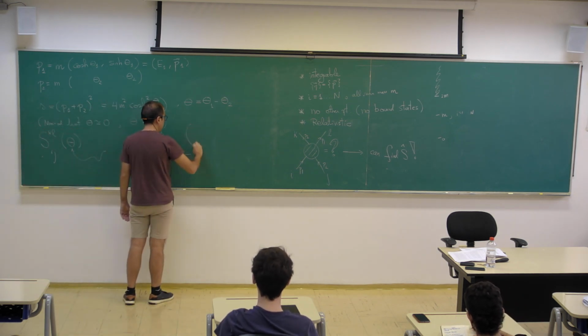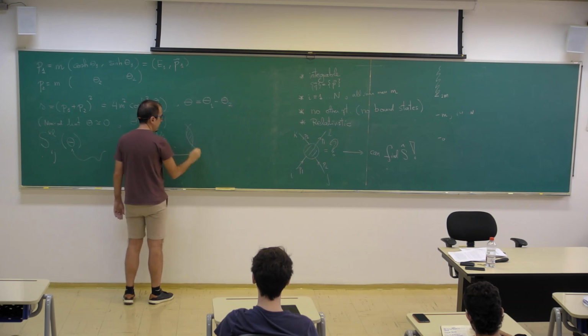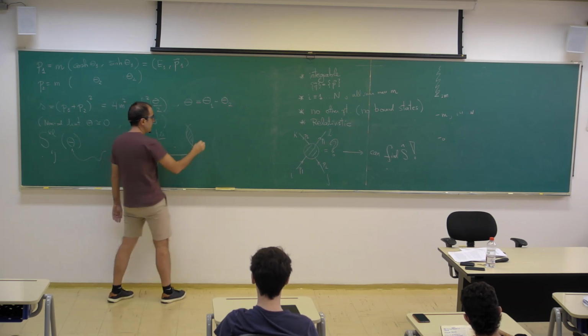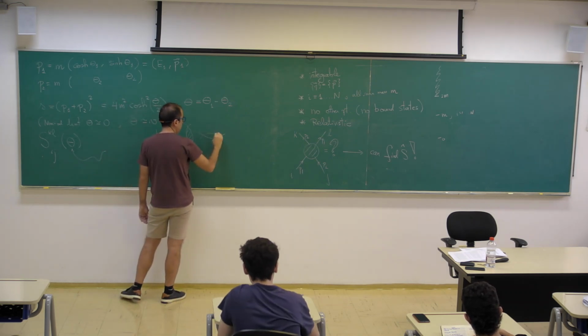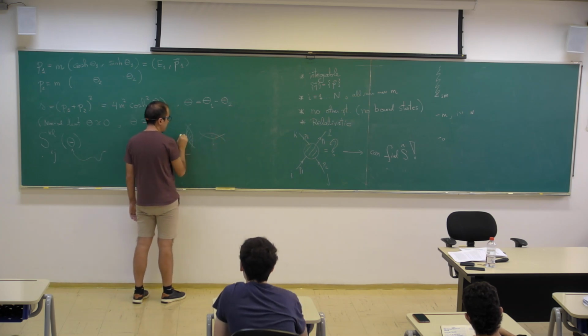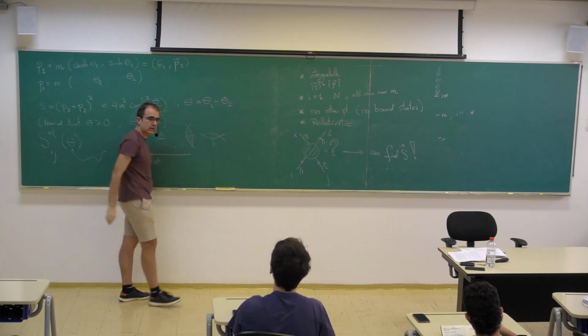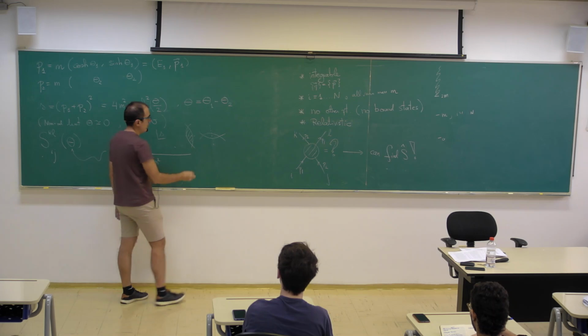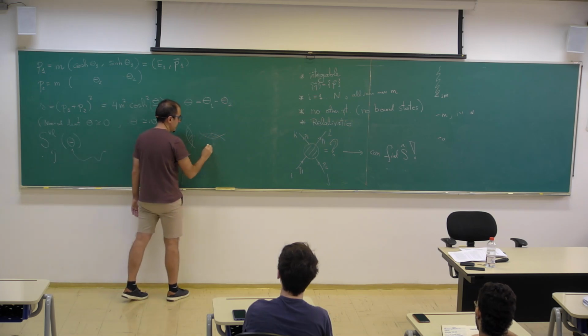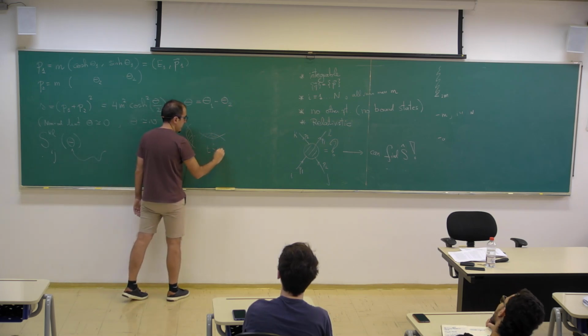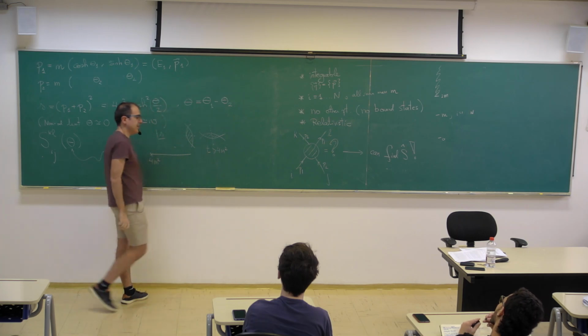This would be this cut here. But similarly, in the T channel there will be a process where I cut in the T channel, and now I get a T channel cut where T is bigger than 4m squared instead of S.